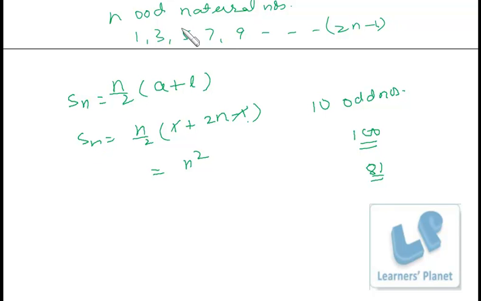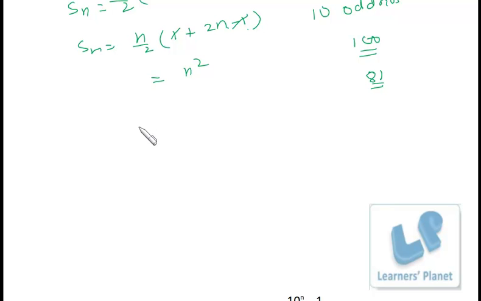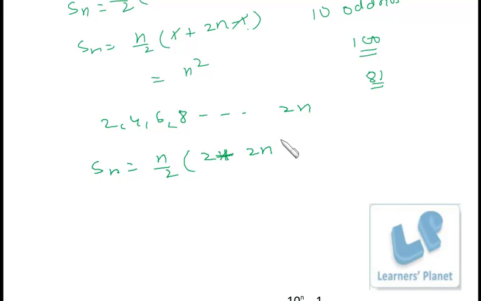Similarly, you can find the sum of the first n even numbers. Suppose it is 2, 4, 6, 8. Then the nth term will be 2n. So the sum will be n by 2 into (a plus l), that is 2 plus the last term 2n.